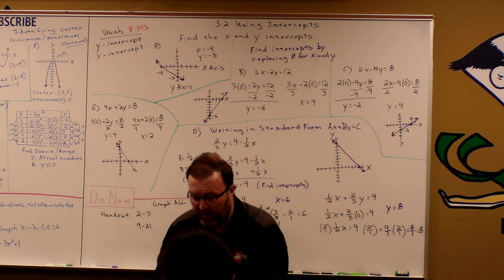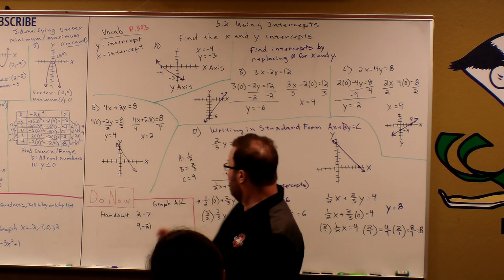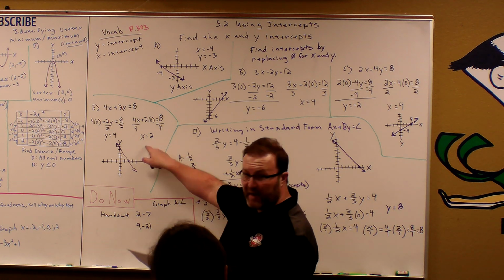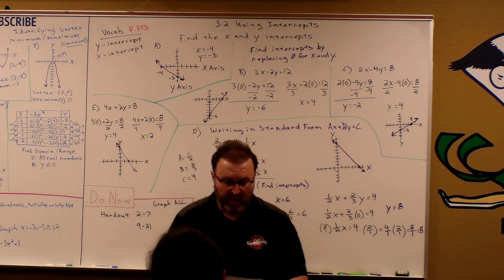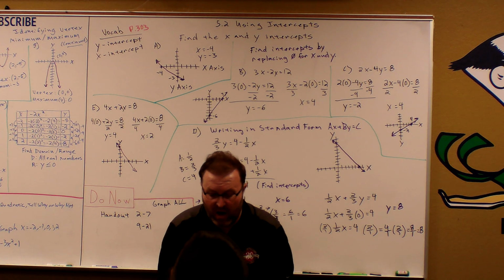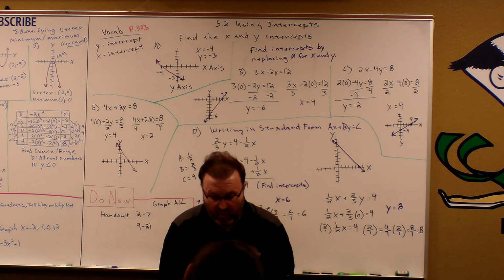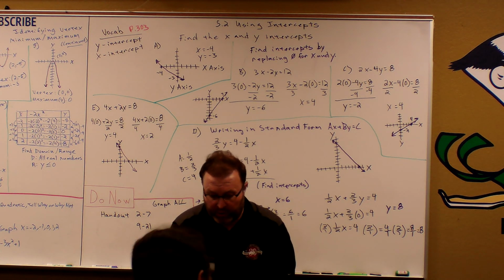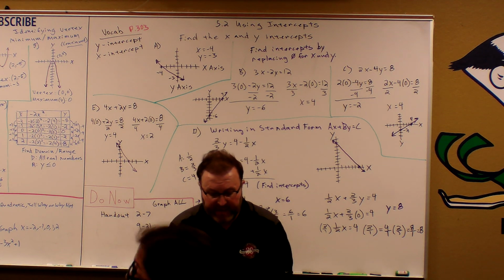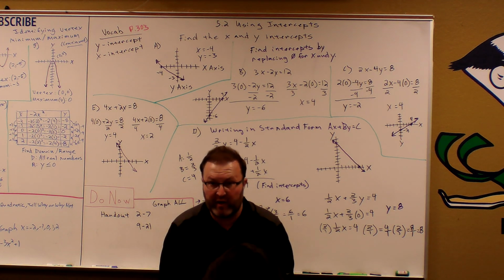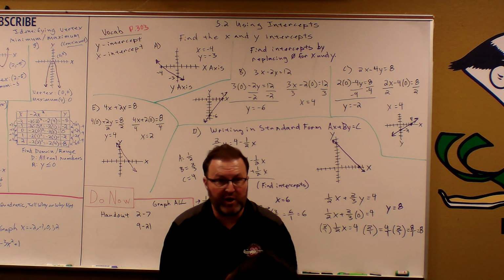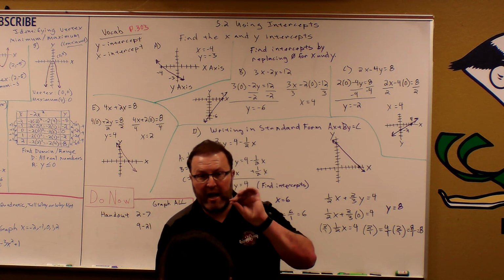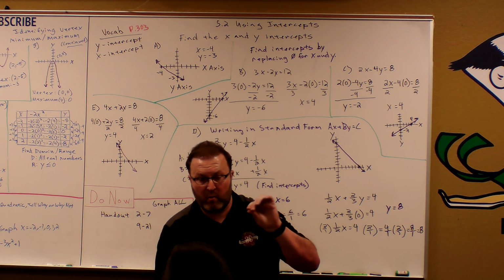9, 10, 11, 12. 11 is just like this one right here. The rest of them are just like E, okay? So 9 through 12, you want to solve the x and y and graph them out. 13 through 14, you're telling me what the intercepts are, and then 16 through 21, you're solving it as well, okay? Remember that you need it in ax plus by equals c, okay?